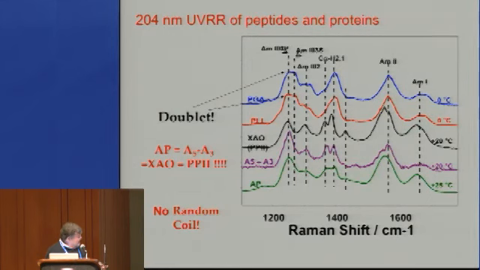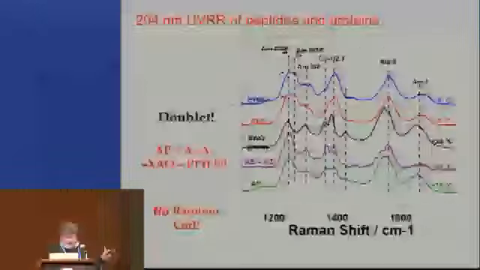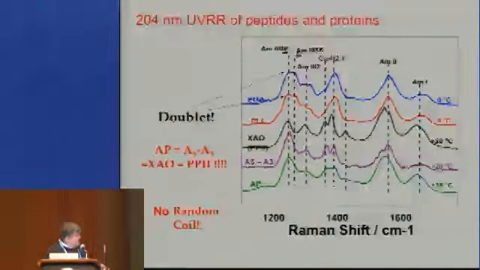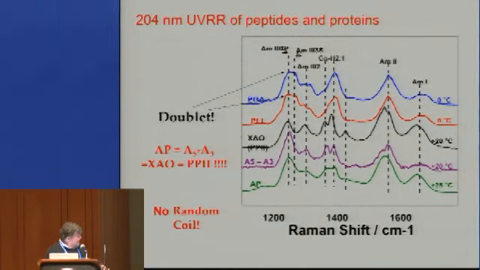And what you see for XAO, which Kallenbach showed definitively by NMR was a polyproline 2 conformation, is a spectrum that looks like this, which is identical to the center peptide of a small polyalanyl peptide, and is the same as that of AP, a 21 residue polyalanine peptide.